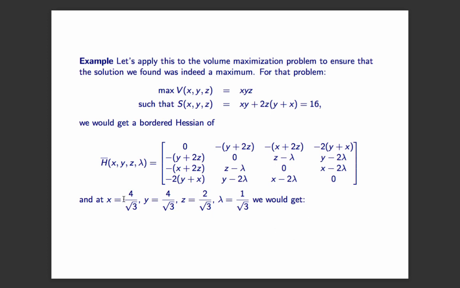So we found, or we conjectured, that our maximum happens when x and y are both 4 divided by the square root of 3, z is half of that, and lambda is a quarter of x and y. So if I plug in x, y, z, and lambda into this bordered Hessian and computed my determinants of the upper 3 by 3 and then of the entire thing, what would I get?